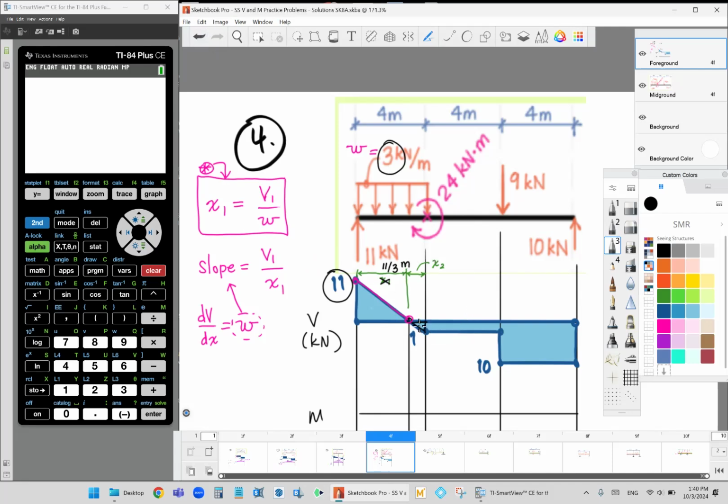Now we're looking at this little tiny triangle, and it has a rise of 1 and a run of X2 and the same W, 3 kilonewtons per meter. So my X2 is simply 1 divided by 3 meters.